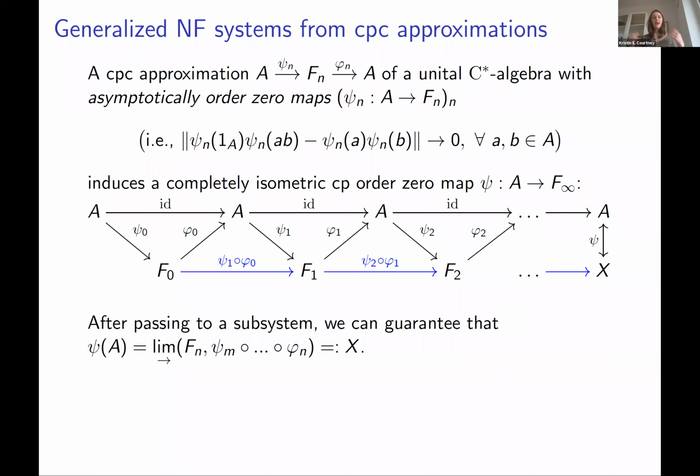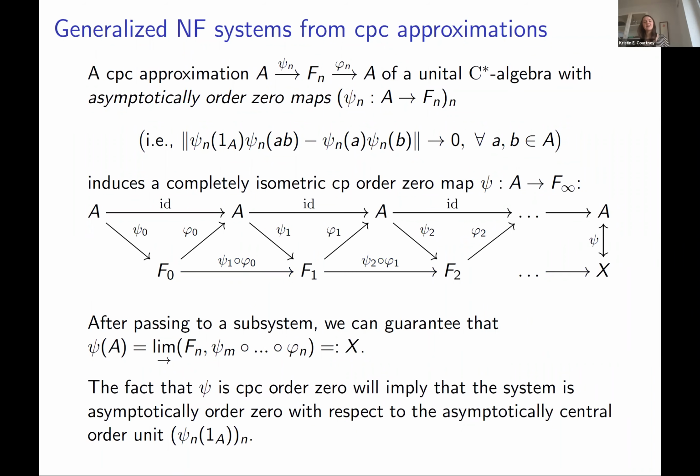It turns out, after passing to a subsystem, where we impose a technical assumption that really permeates a lot of the work that we're doing, we call it a summability criteria, we can actually guarantee that the image of psi hits on the nose the inductive limit of these finite dimensional C-star algebras, where we just take the connecting maps to be going through the little zigzag going through A.